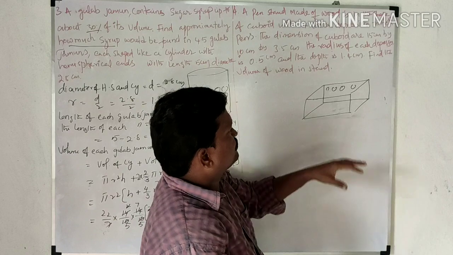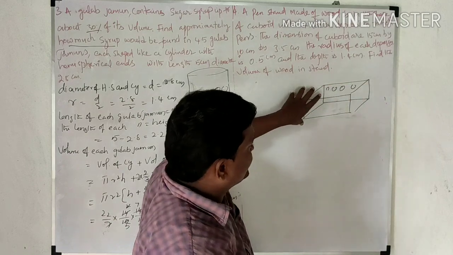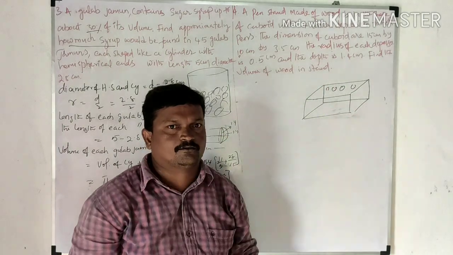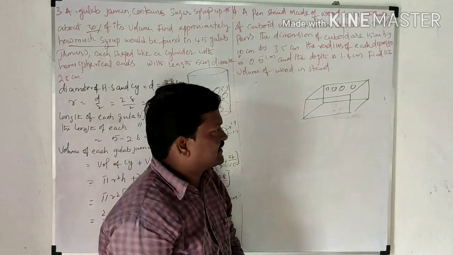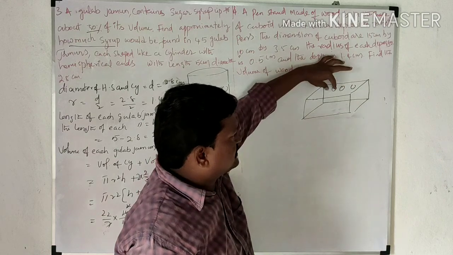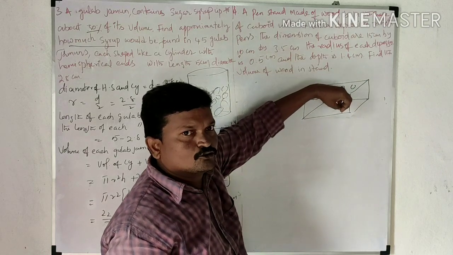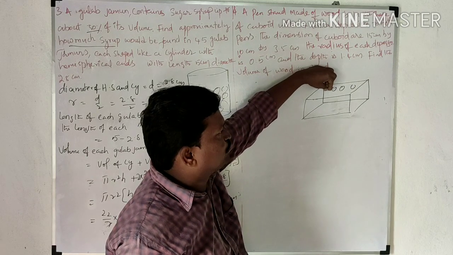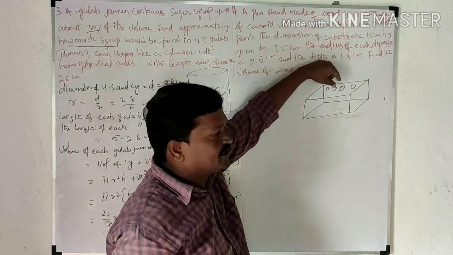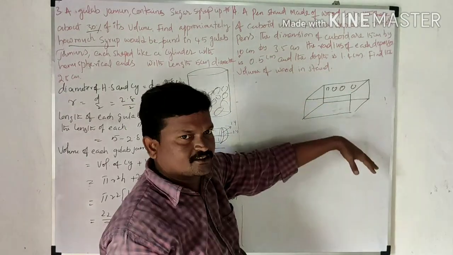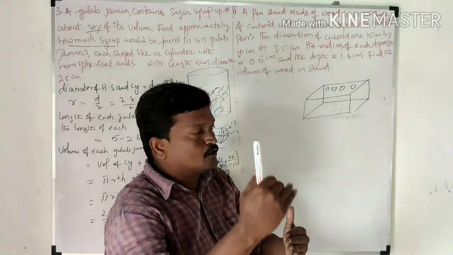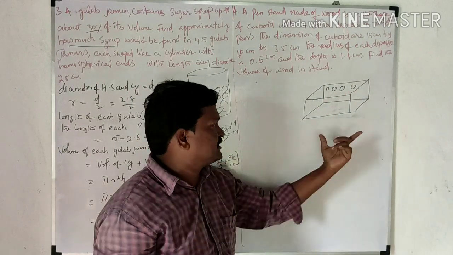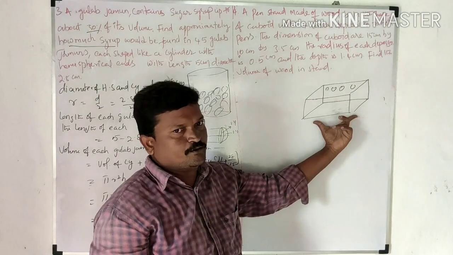Then we have to find the total wood, the entire volume of the wood in this pen stand. Okay, how we will get from the volume of these depressions, means the holes. So to stand the pens, compulsorily they removed some wood. Then only the holes will come, the depressions will come. So they removed the volume of 4 cones of wood from the total volume of the cuboid. I hope that you understand.